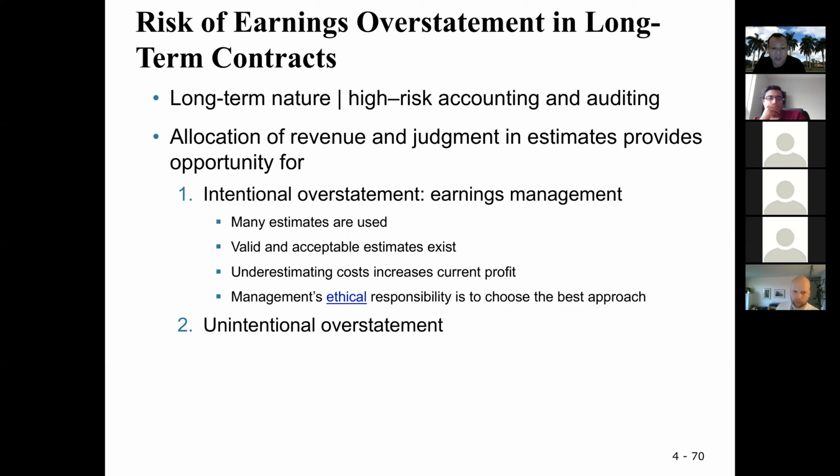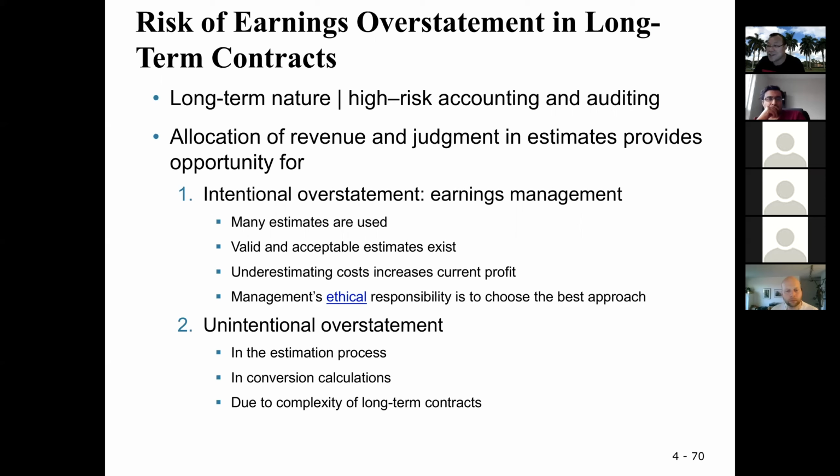And the unintentional statement: you made errors when you did quiz 4, when you did this problem. It's a complicated calculation. By nature, because of the calculations, the estimation, and the complexity of the contract, you may make some unintentional overstatement errors.